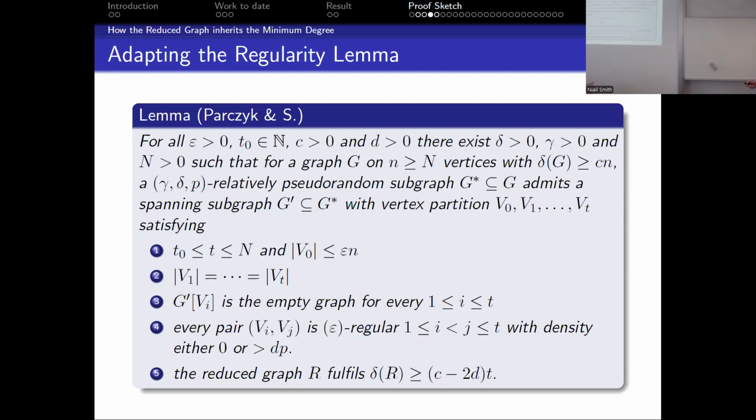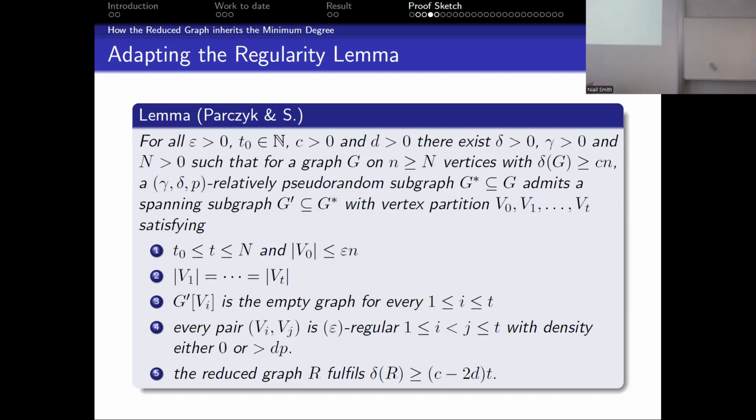This is the key lemma that pushed through our results: a degree version of the sparse regularity lemma for these epsilon, delta, p relatively pseudo random subgraphs.